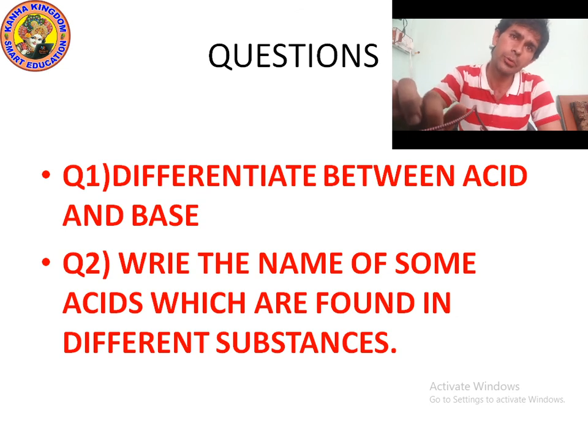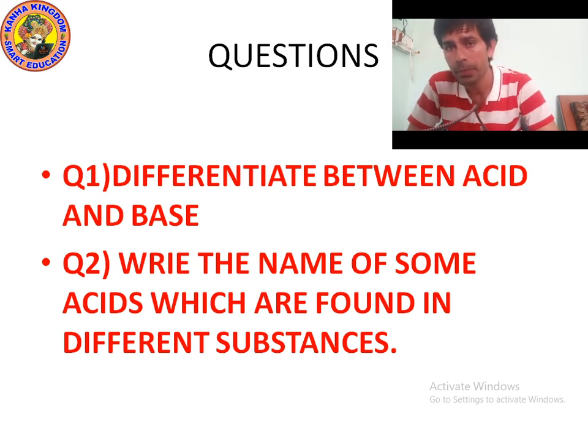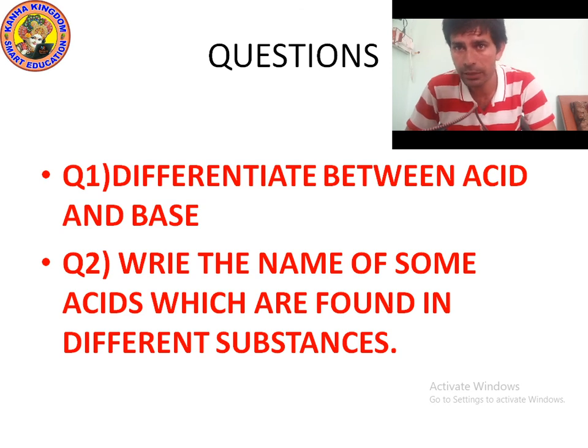And if we talk about bases, you know bases are bitter in taste, bases are soapy to touch, bases turn red litmus to blue, and the pH is more than 7. And as I told you, acid produces hydrogen ion, H plus ion.